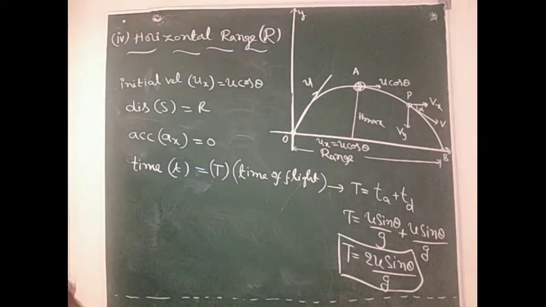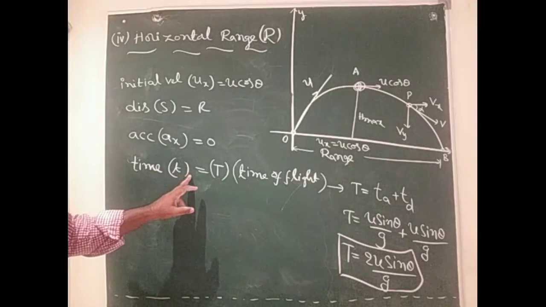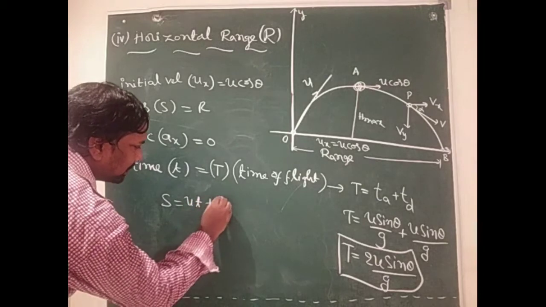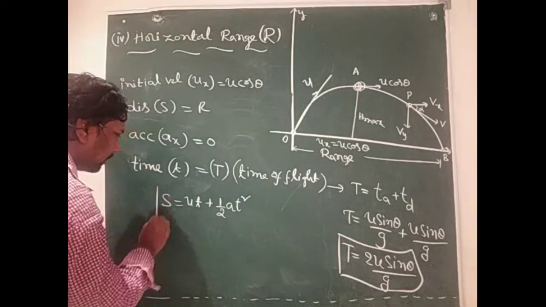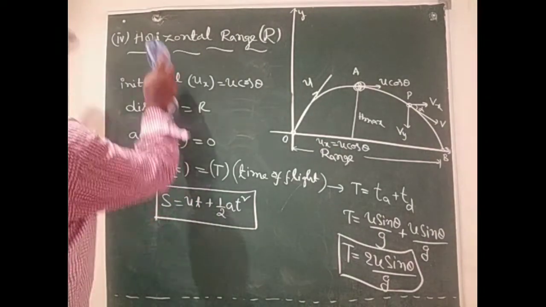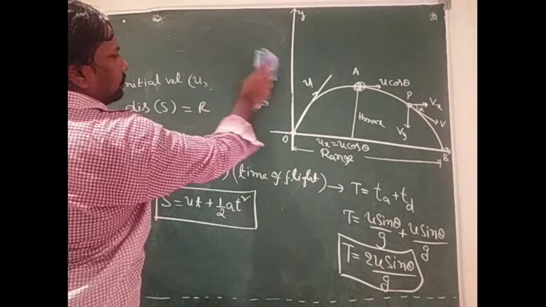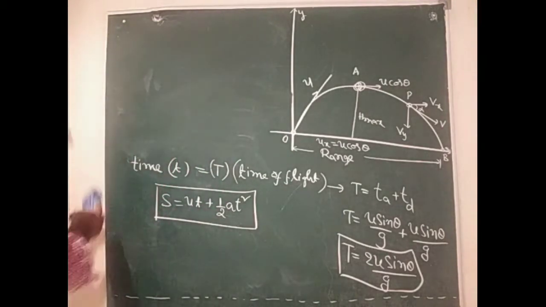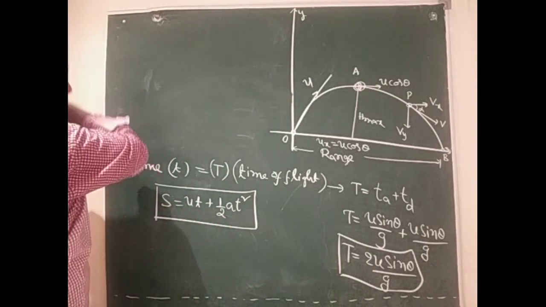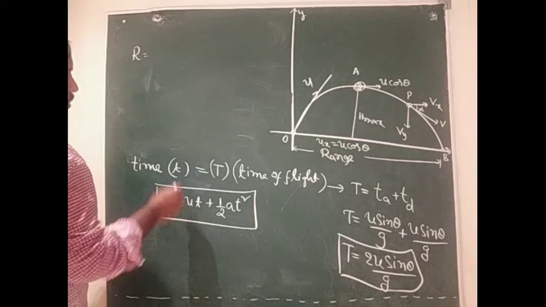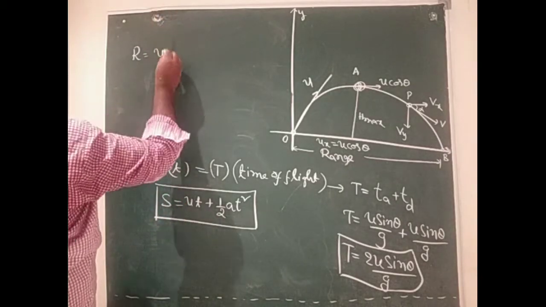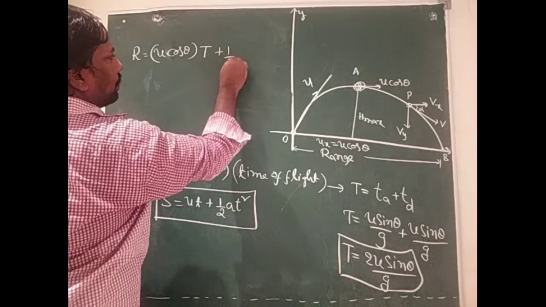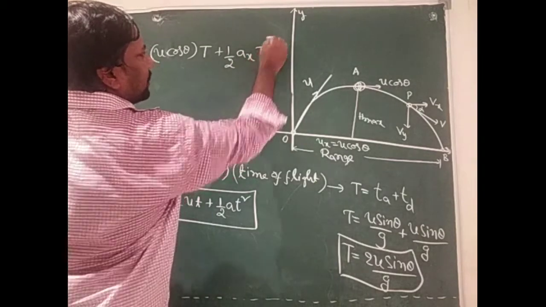Okay. Now this value is substituted in time taken. So therefore using the formula s equal to ut plus half a t square. Here s means R equal to u means u cos theta into capital T plus half a_x into capital T square.